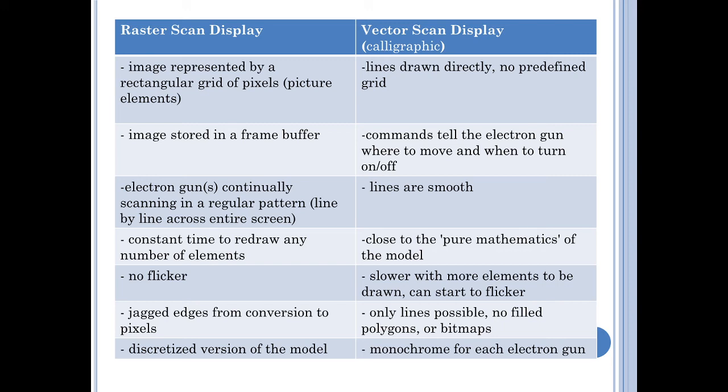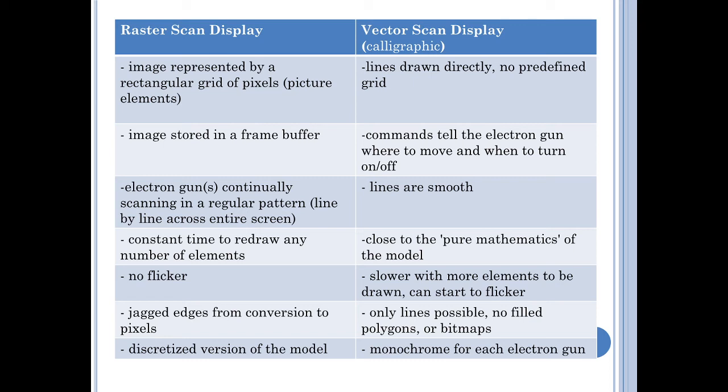In raster scan display, the image is stored in a frame buffer. In vector scan display, commands tell the electron gun where to move and when to turn on or off. In raster scan display, electron guns continually scan in a regular pattern, line by line across the entire screen.